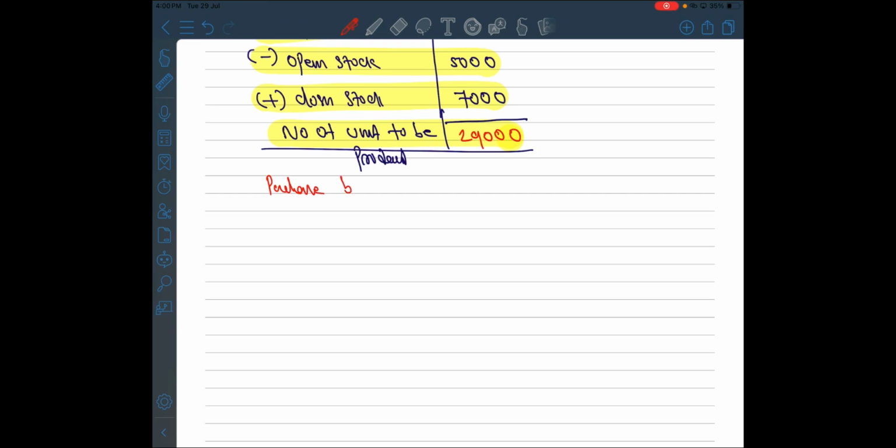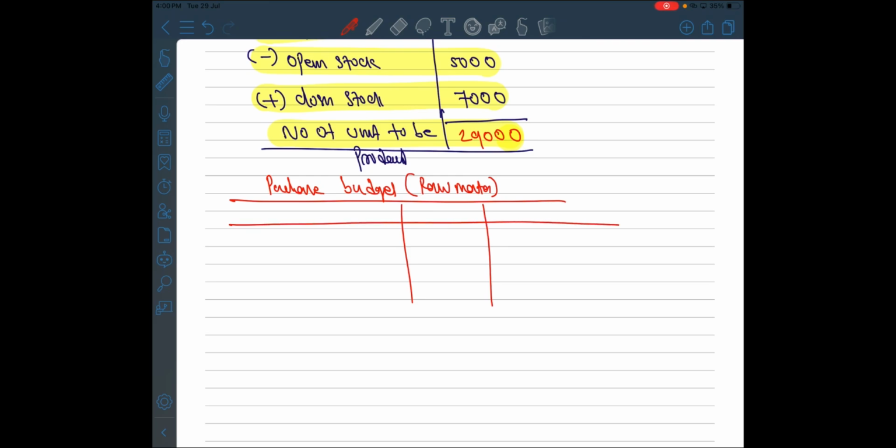What are we going to purchase? We can write in brackets: raw material A and B.